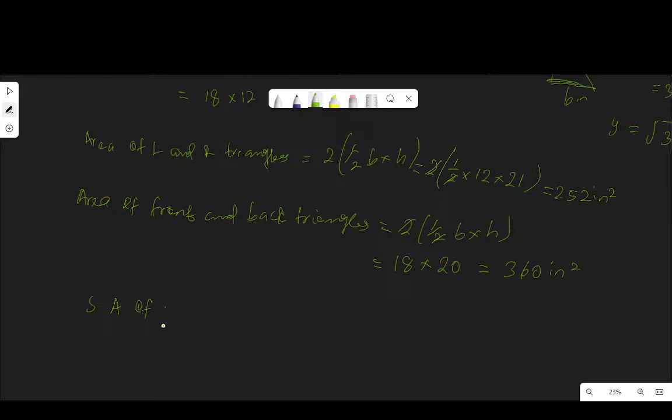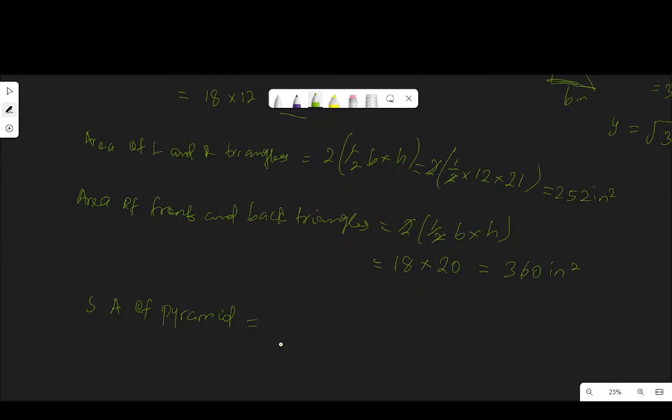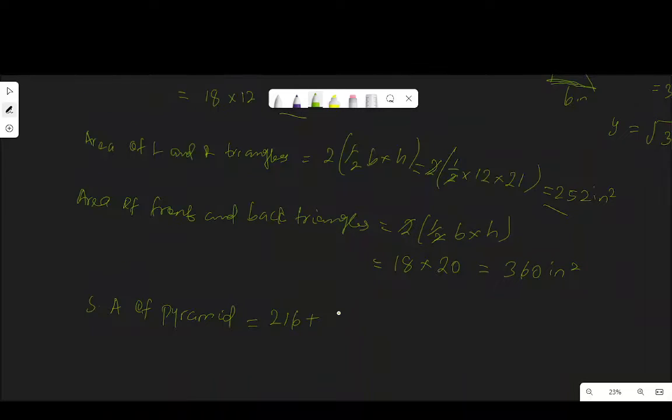Therefore, the surface area of this pyramid, SA of the pyramid, will be the area of the rectangular base, which is 216, plus the area of the left and right triangle, which is 252, and the area of the front and back triangle, which is 360.